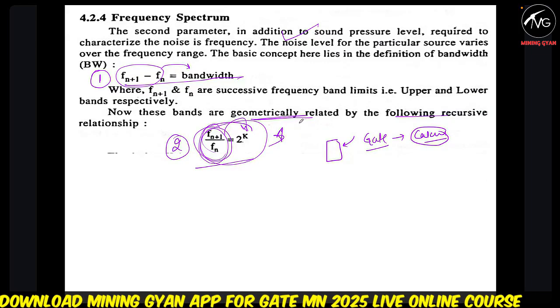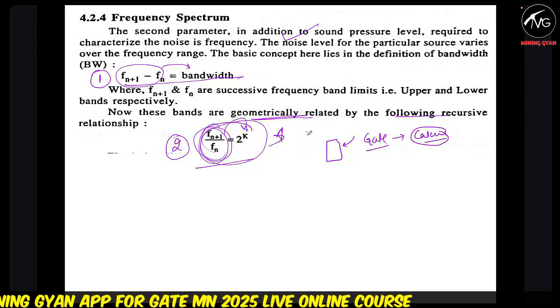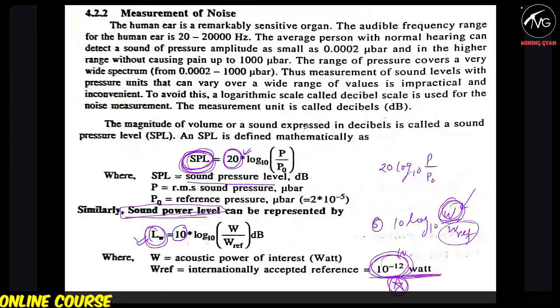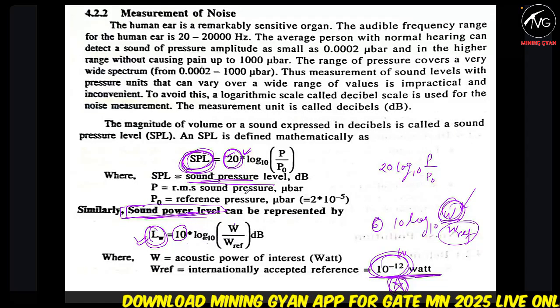They can ask the formula directly and you will be confused, because we have seen the formula of the sound pressure level and the sound power level. Many of you who have not revised properly may get confused whether it was 10 or 20, and whether it was W or P here. So please remember the formula.